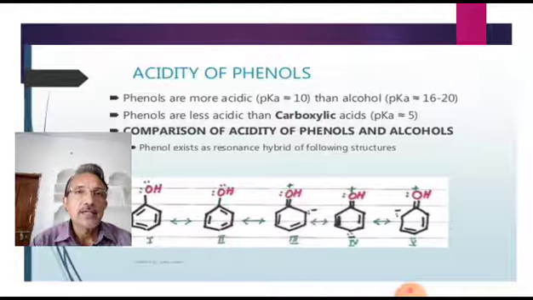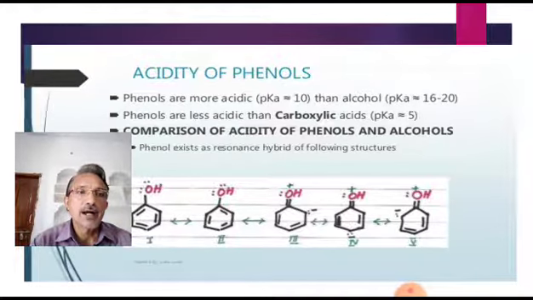pKa is equal to minus logarithm of Ka. Therefore, the higher the Ka value, the lower the pKa, and the more acidic the nature. So, the lower the pKa, the higher the acidic character.